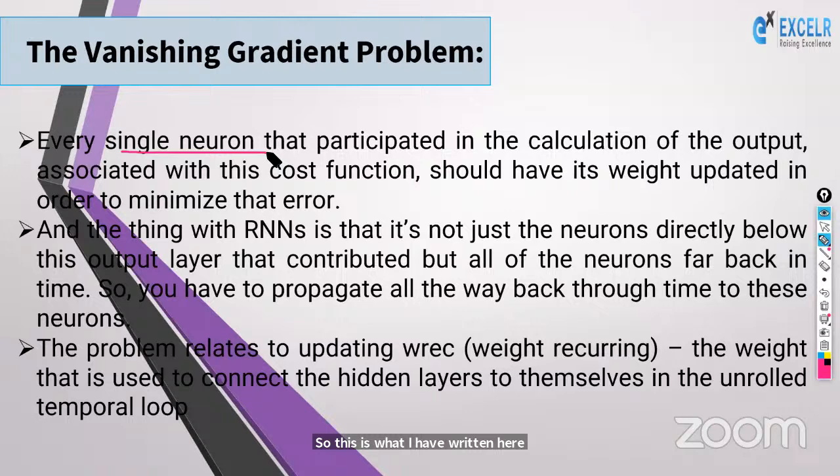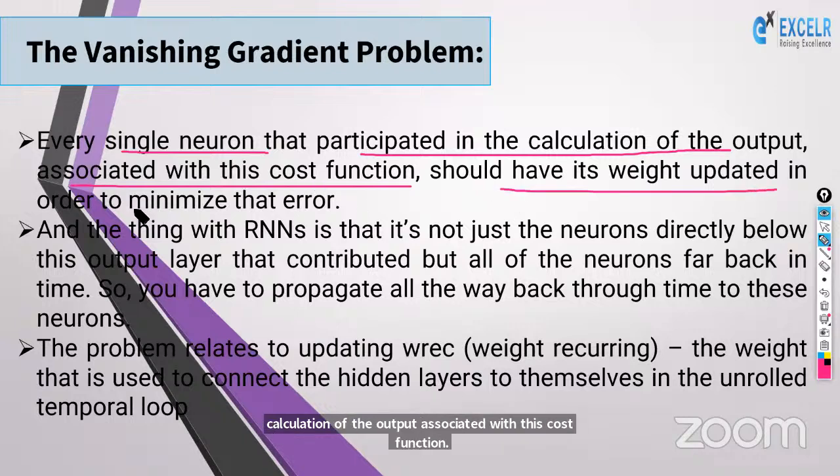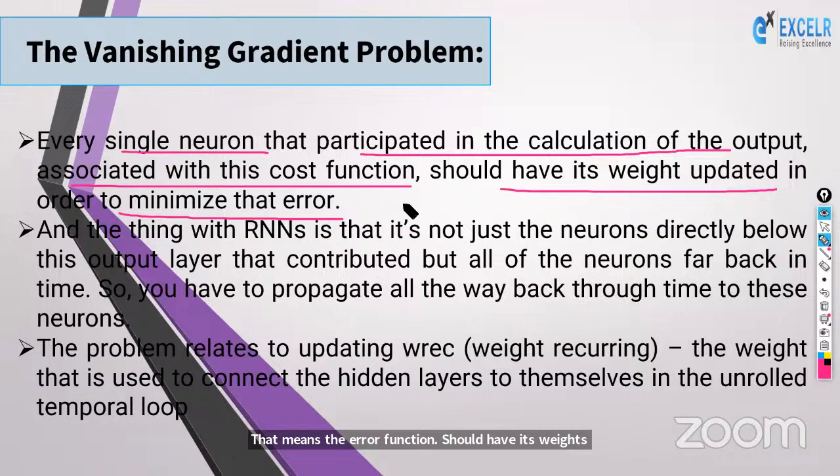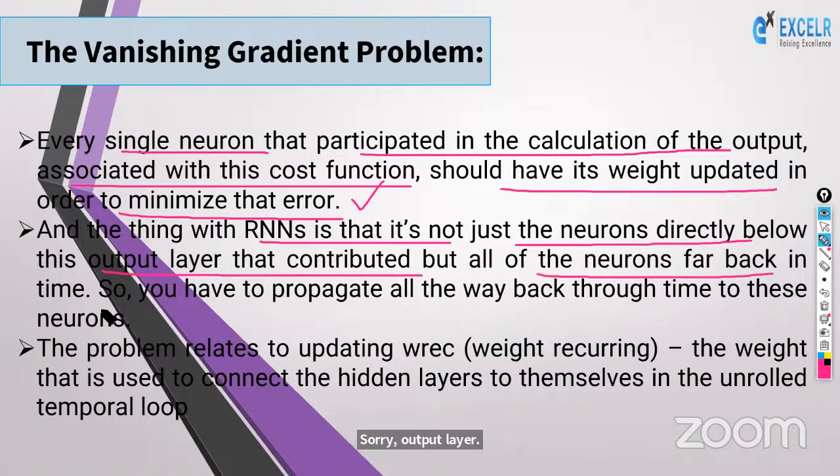Every single neuron that participated in the calculation of the output associated with this cost function, that means the error function, should have its weights updated in order to minimize the error. That means optimize the weight value. And the thing with the RNN is that it's not just the neuron directly below the output layer that contributed, but all the neurons far back in time.